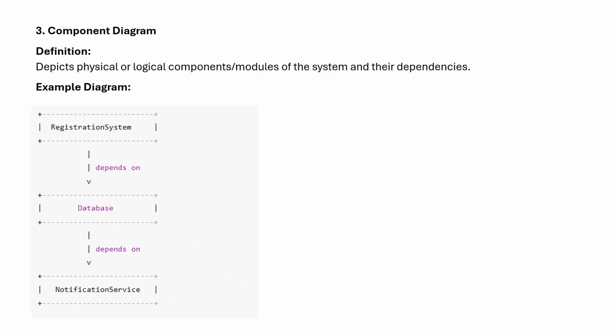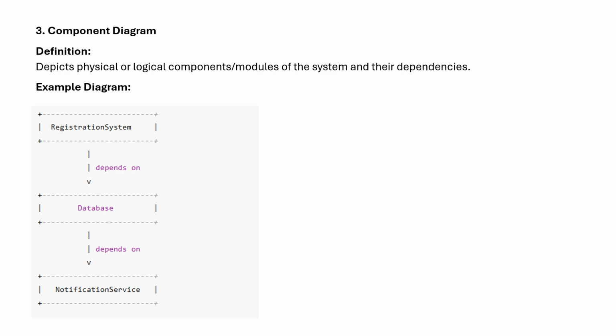The component diagram shows the components or the modules of the system and the dependencies between them. As you see in this example, there is a registration system, which we could call a module, and then a database module or subsystem, and then the notification service.